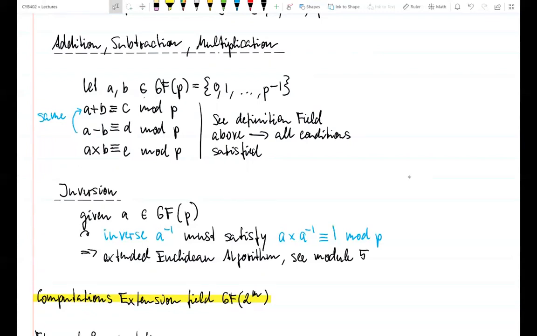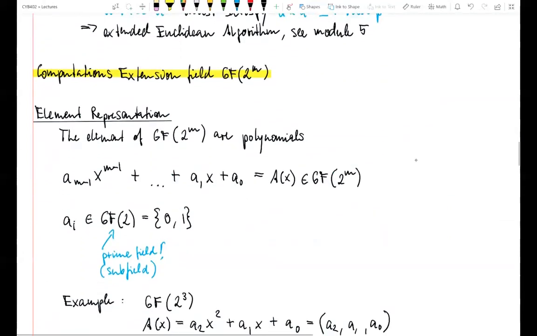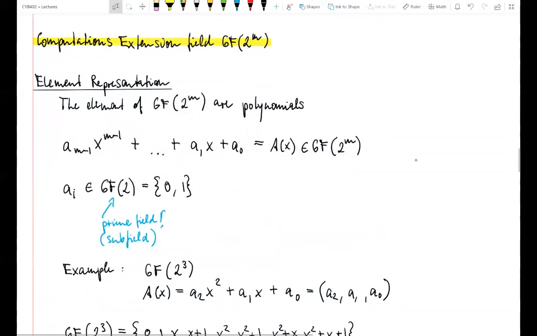And that trick helped us to get inverses for all of the elements. All of these conditions are fulfilled. All right. So let's now look into computations in extension fields.